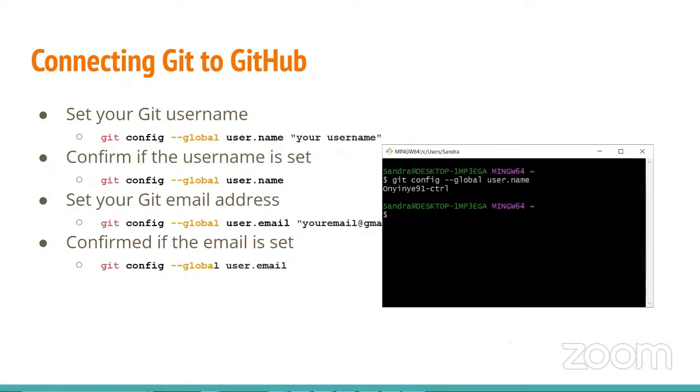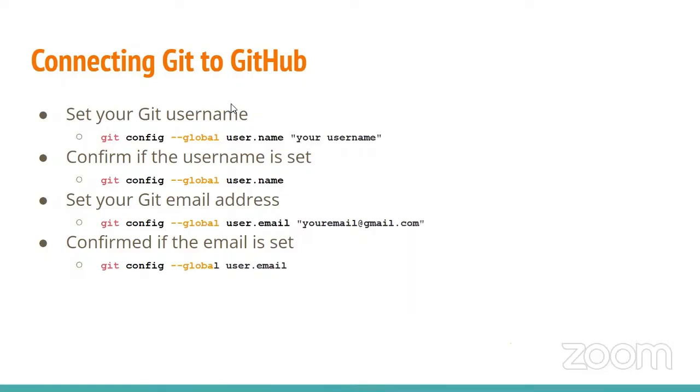So if you try this out and it's showing you an error or any other message, that means you're not connected your Git to your GitHub. Then what should you do? Simple, to set up your Git, to connect your Git to GitHub, simply use this. You type git config --global user.name, then your username, that's your GitHub username. Let me show you my GitHub.